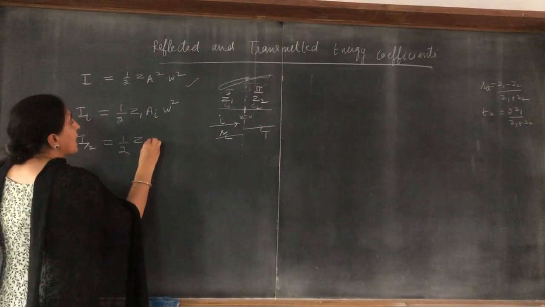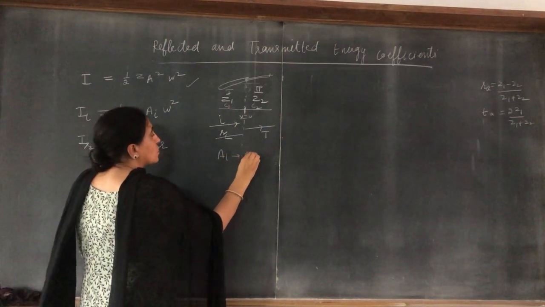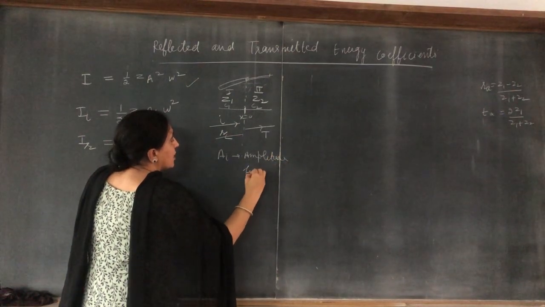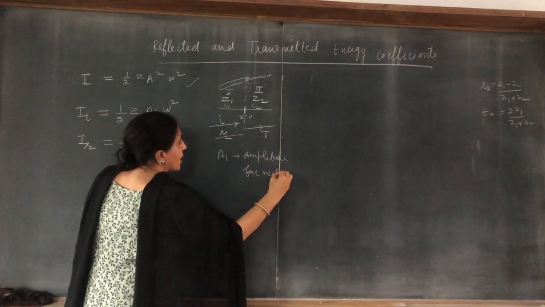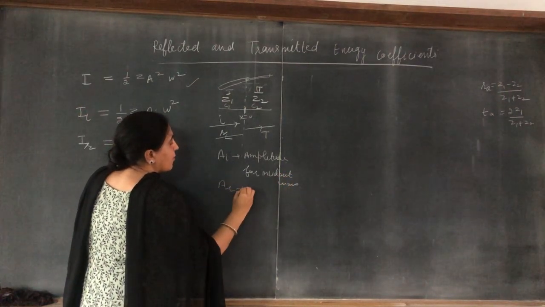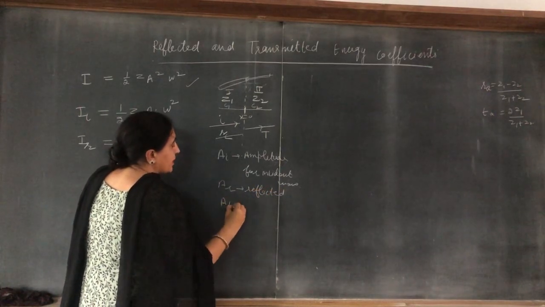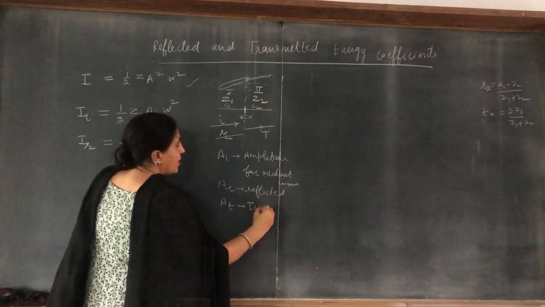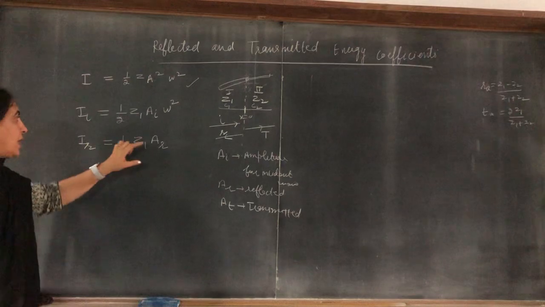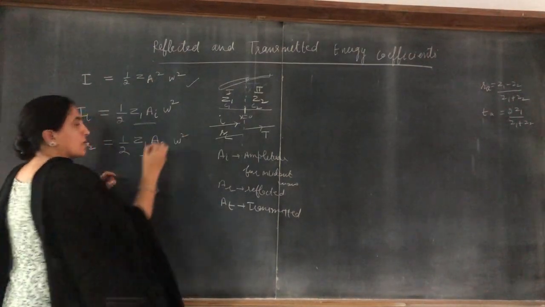We take AI as the amplitude for the incident wave, AR for the reflected wave, and AT for the transmitted wave.